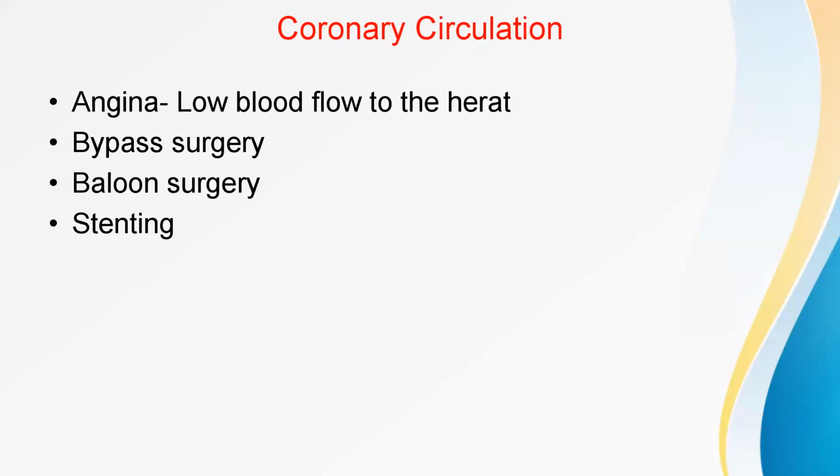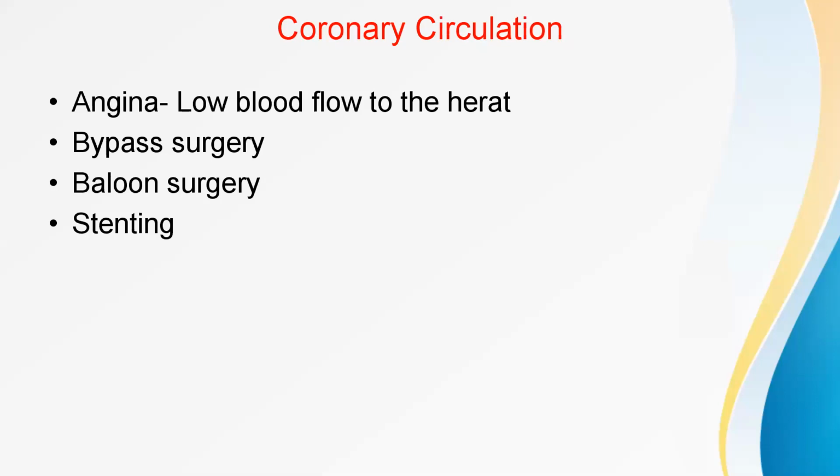Angina is nothing but low blood flow to the heart, which can give the chest pain, or we call as heart attack. When a person has heart attack, there are some surgeries. One is bypass surgery, the second one is balloon surgery, and third one is stenting.